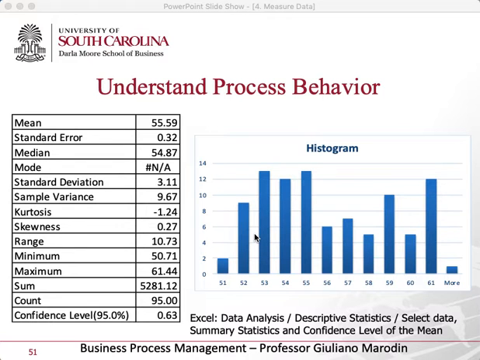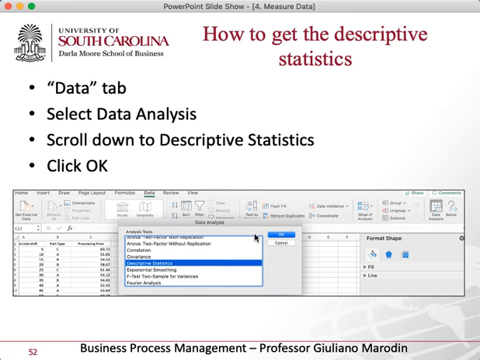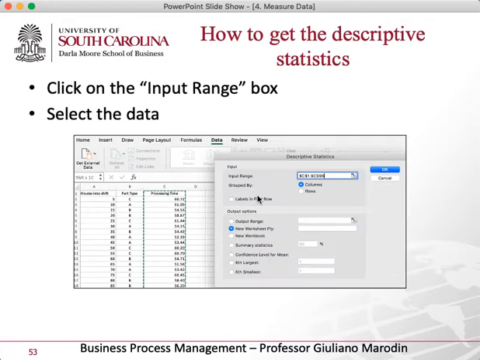We go again to the data analysis tab. Again, you have to have the data analysis tools add-in working in your Excel to make that work. Then you click data analysis and you click descriptive statistics. Then you select the data.